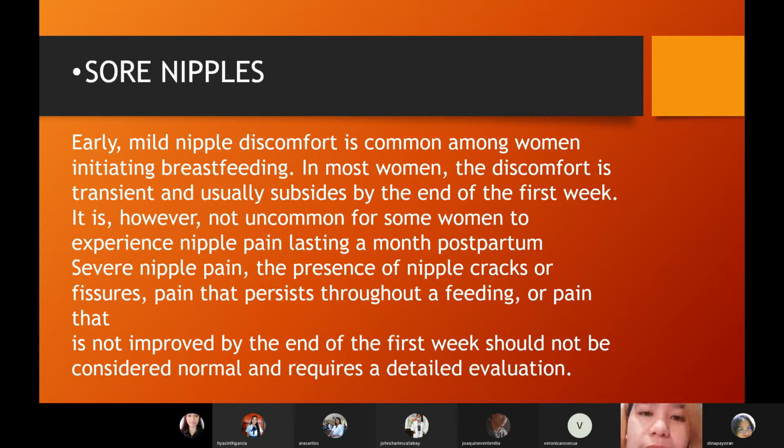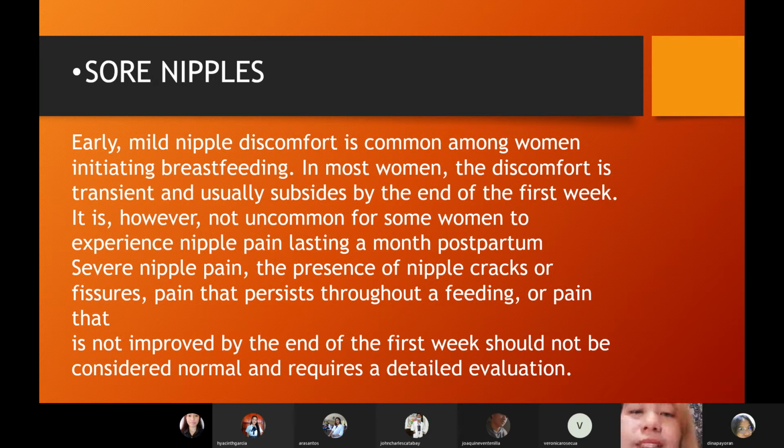It is, however, not uncommon for some women to experience nipple pain lasting a month postpartum. Severe nipple pain, the presence of nipple cracks or fissures, pain that persists throughout the feeding, or pain that is not improved by the end of the first week should not be considered normal and requires a detailed evaluation.